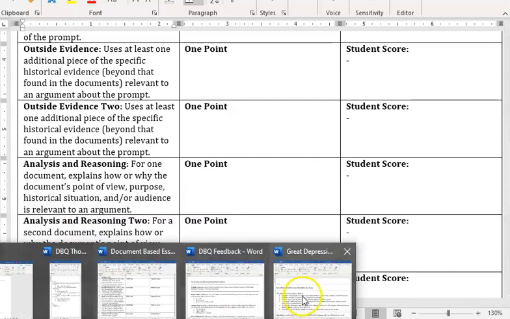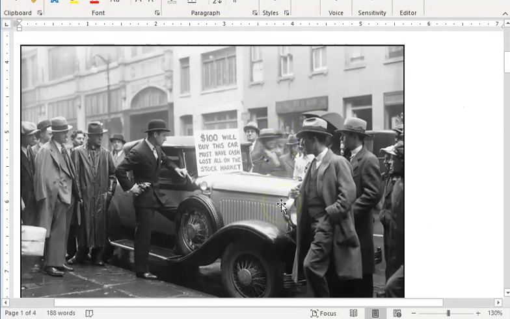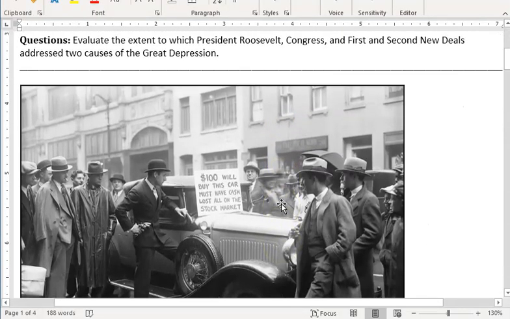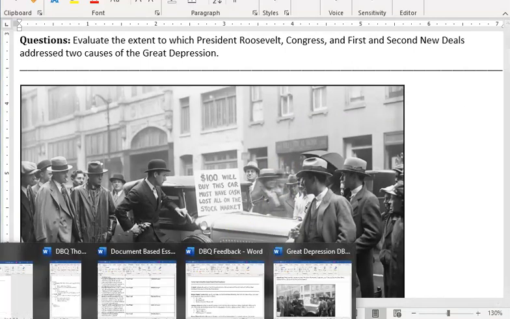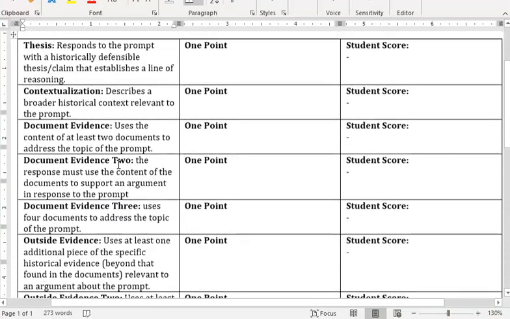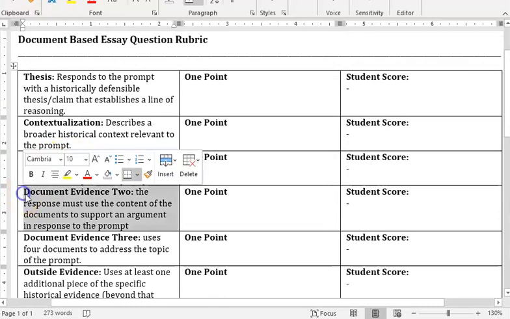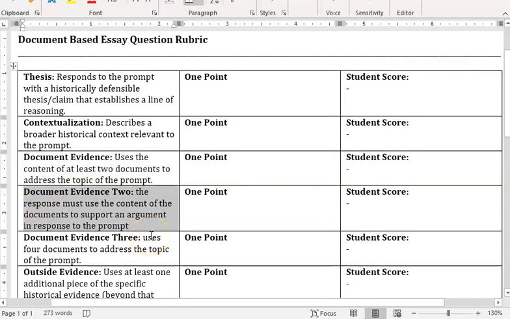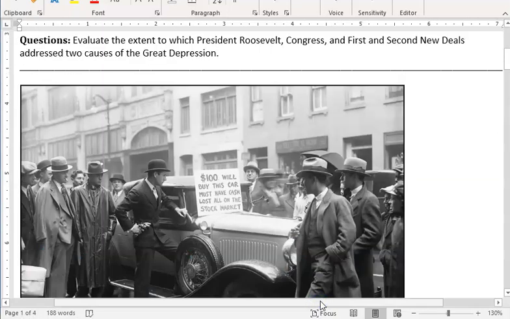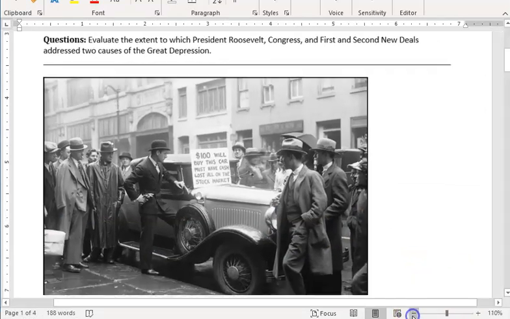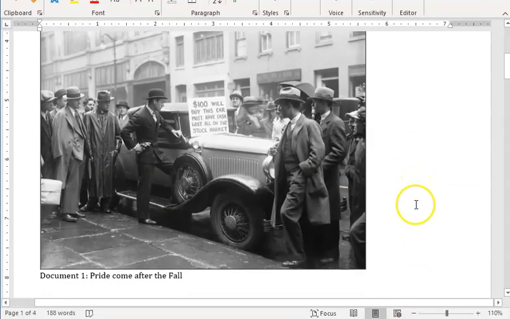All right, let me just go to the DBQ here. So for the point of explaining the content, for this one right here, the response must use the content of the documents to support an argument in response to the prompt. What that's really saying is that they want you to explain the document a little bit.